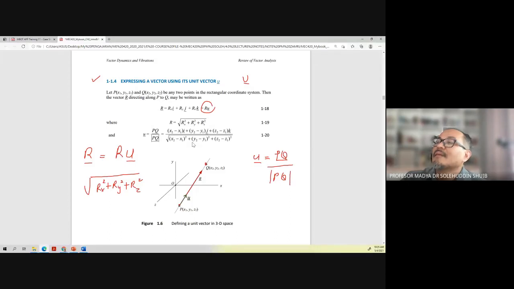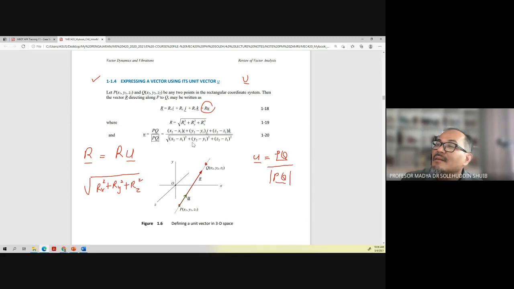So how to get vector PQ? To get vector PQ, we have to subtract x2 minus x1, y2 minus y1, and then z2 minus z1. So you get vector PQ.